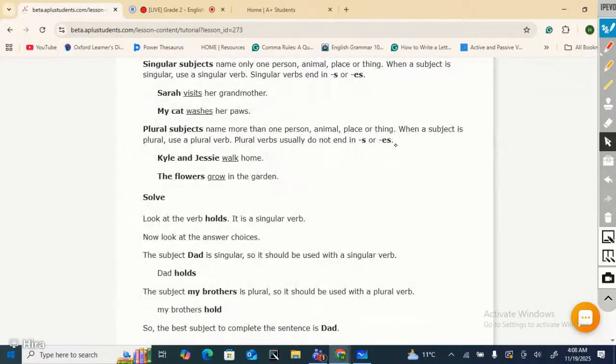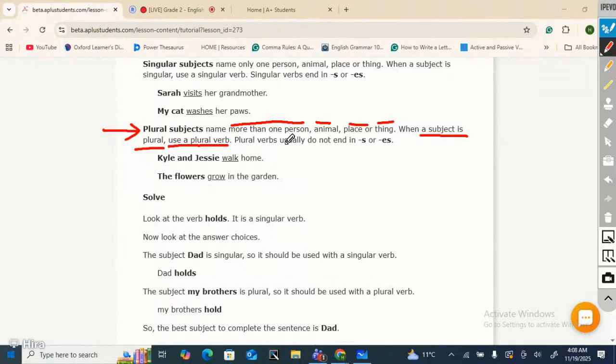But if we have plural subjects, let's learn what plural subjects are. Plural subjects name more than one person, animal, place, or thing. When a subject is plural, use a plural verb. What are plural verbs?